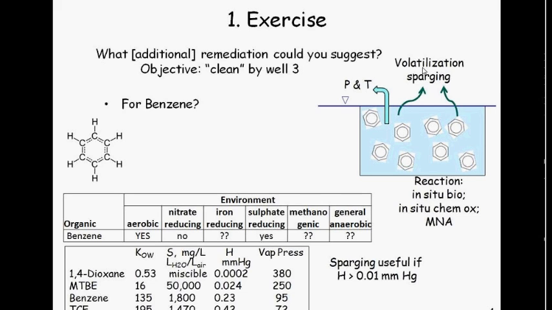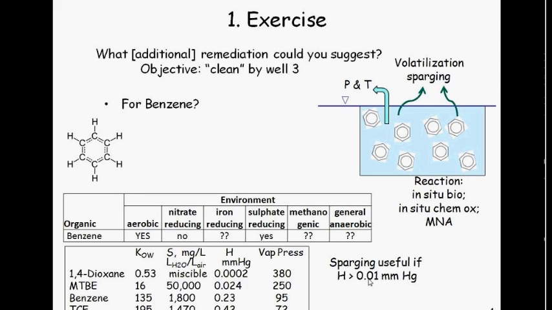What about volatilization or sparging? Well, remember, we're sparging a plume, not an apple. So it's Henry's law that we have to look at, the partitioning between the water and the vapor. A rule of thumb that I found somewhere, and I honestly can't remember where, was that if Henry's law constant is greater than 0.01 millimeters of mercury, funny way to report it, it should be spargeable.